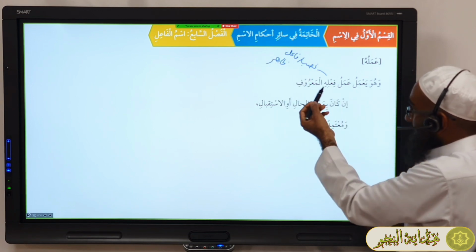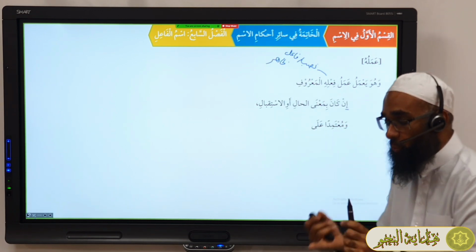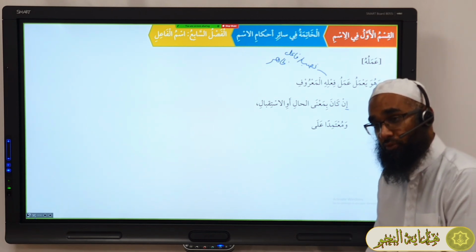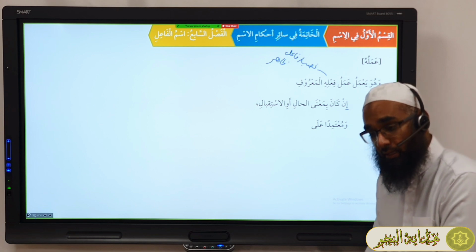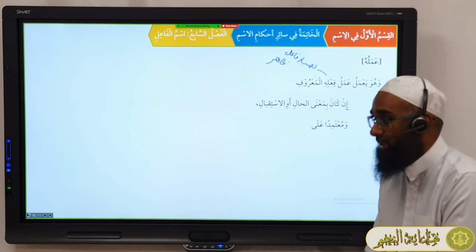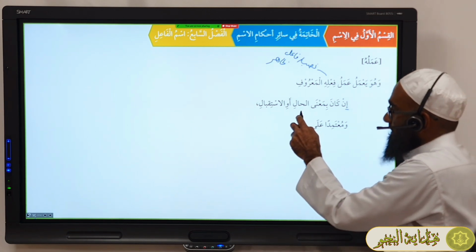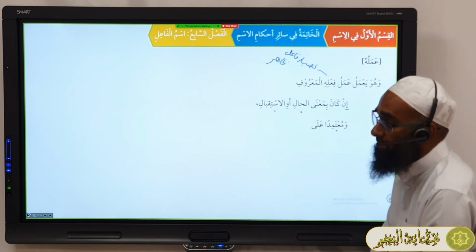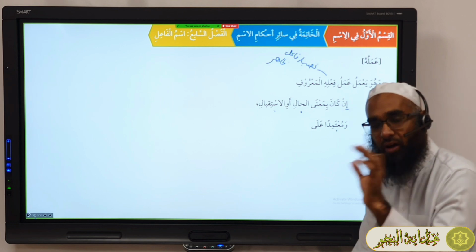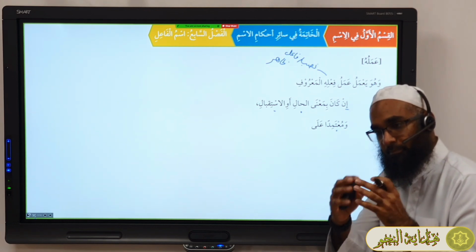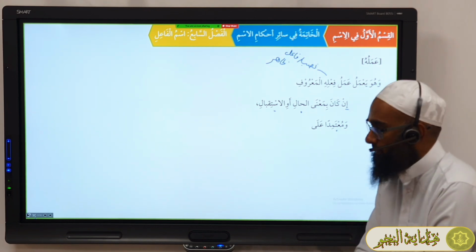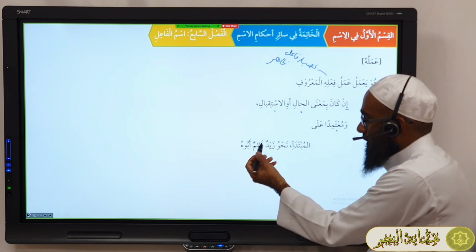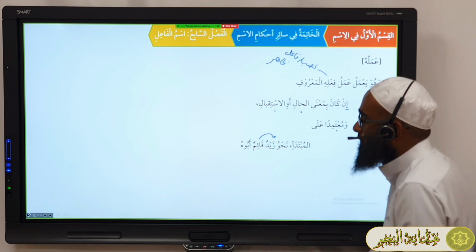These conditions are only when the ismul fa'il is giving rafa to an ismul zahir, or when it is giving nasab to a maf'ul bihi sarih. There are two conditions. It has to be the meaning of hal or istiqbal. And number two, it has to be mu'tamid. What does mu'tamid mean? It comes after, meaning it comes after one of these. For example, al-mubtada. So basically it becomes a khabar. So it is leaning, it is dependent upon the mubtada.